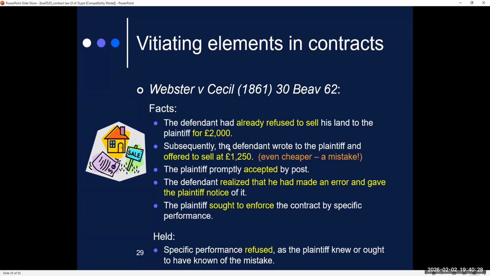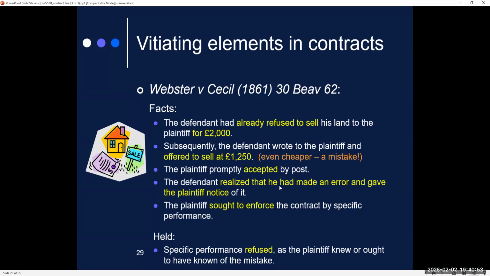But unfortunately, he wrote it wrong, 1,250. That must be a mistake, okay? So the plaintiff P on the other side promptly accepted the offer. He wrote 1,250, I accept. So I just need to pay 1,250, right?